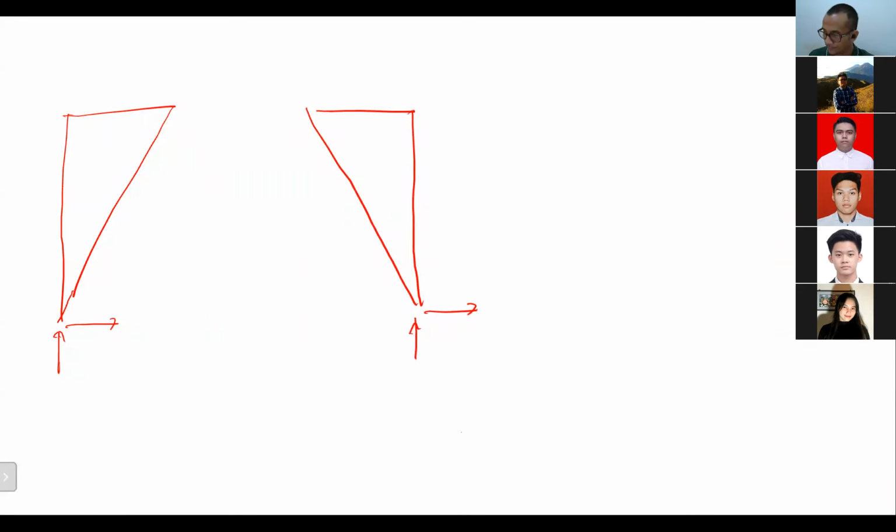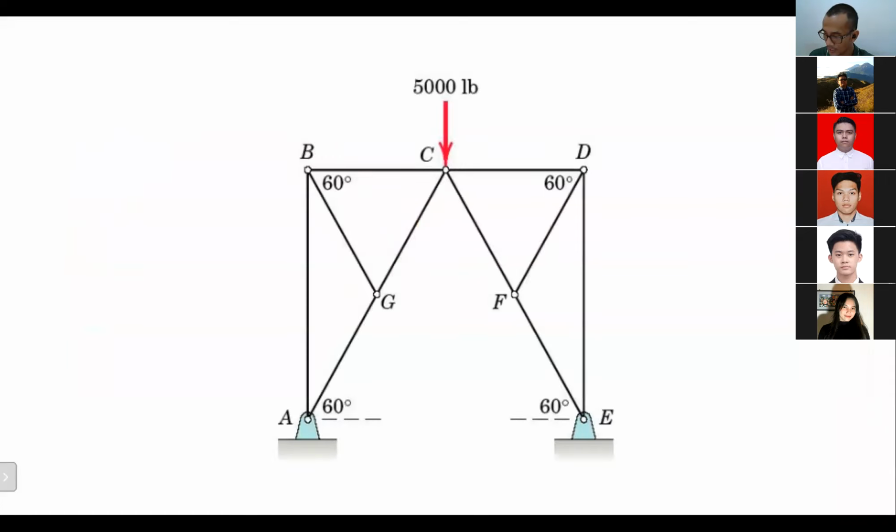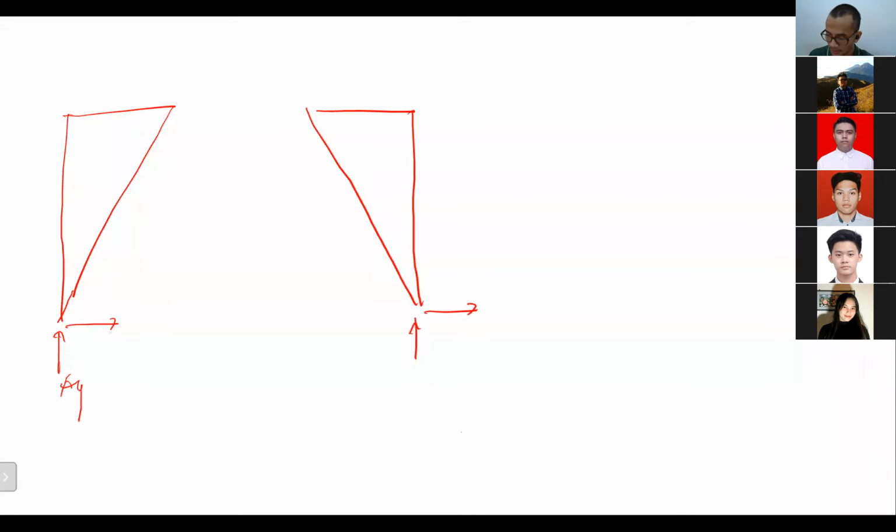And then AY, AX, EX, EY, and then CX, CY, right? This is point C, this is point C. And actually I can do it this way. If I want 5,000 lbf, then CY, then CX. This one is CX, this one is CY.